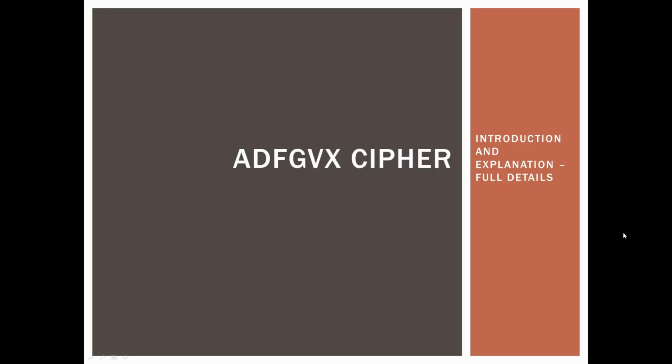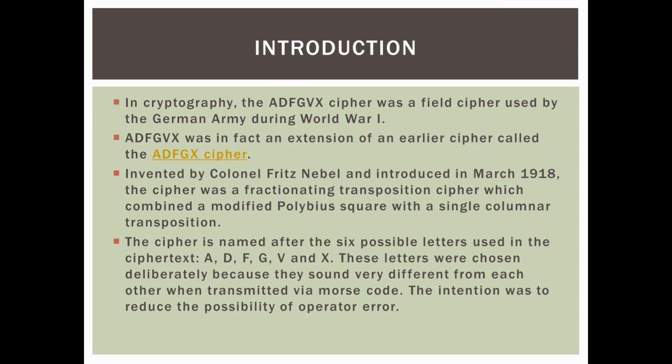So now we are talking about the introduction as well as the explanation for this ADFGVX cipher. First of all, move to the introduction part. In cryptography, the ADFGVX cipher was a field cipher which was used by the German army during World War I. It was used by the personnel of the German army to securely exchange secret messages between each of the groups of army members to fight in the war and maintain their balance as the winning side.